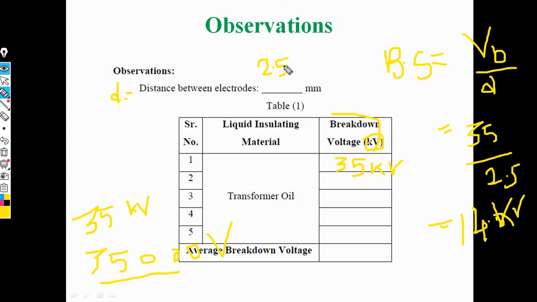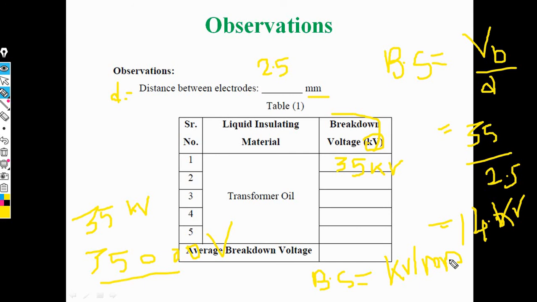Now the distance is measured in mm. Then the unit of breakdown strength is kilovolt per mm.